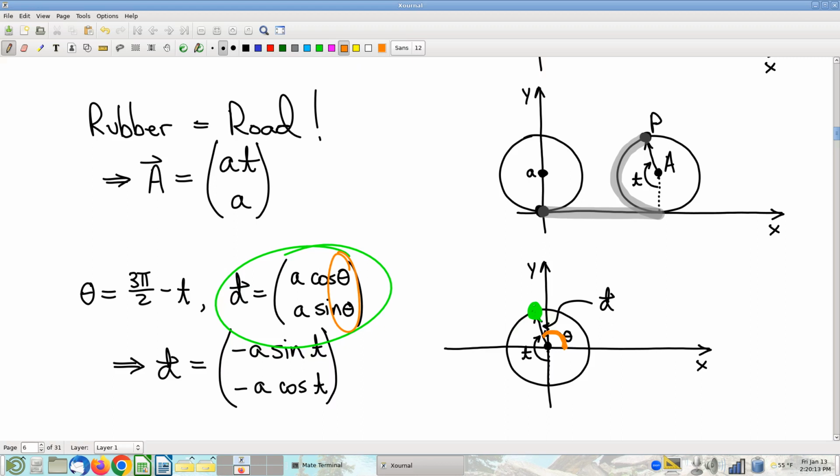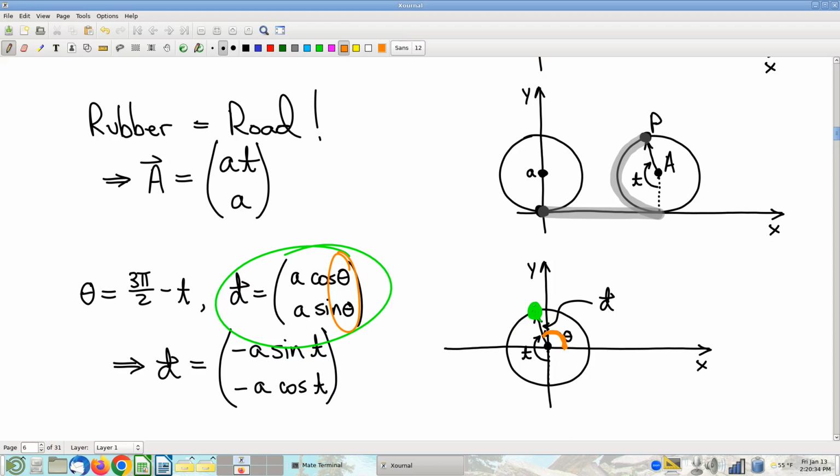Cosine and sine are based off of angles measured off of the positive part of the x-axis. That's not t. T is this angle, not this angle. But anyway, we've got some algebra on the page here. We've got a formula for d. It's just in terms of the wrong thing.